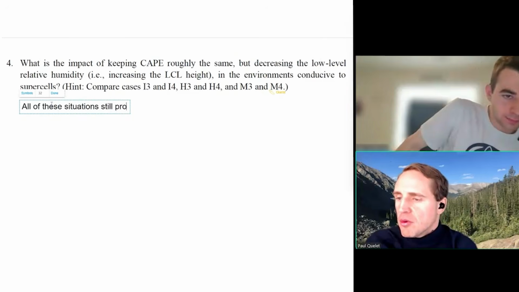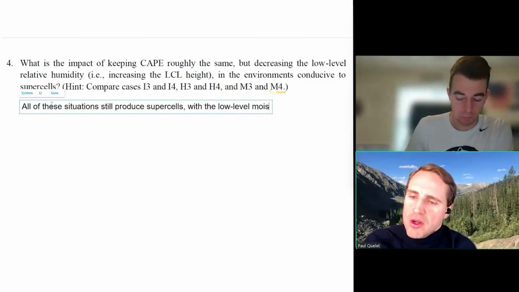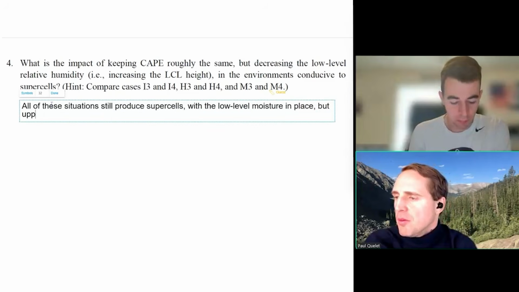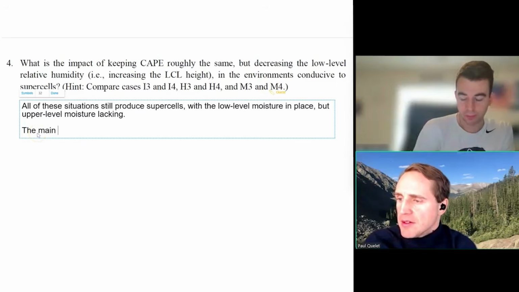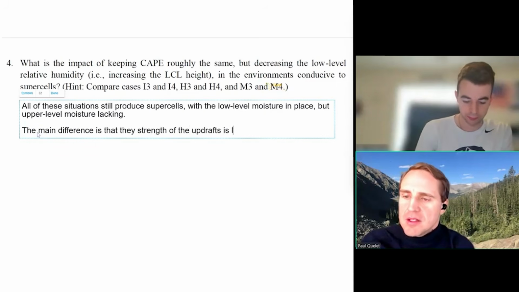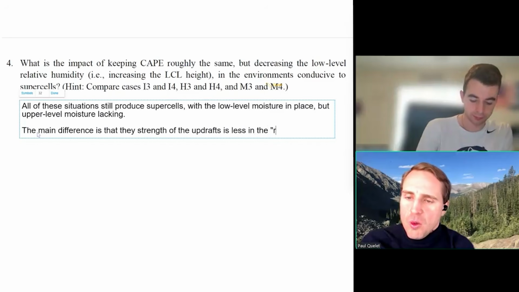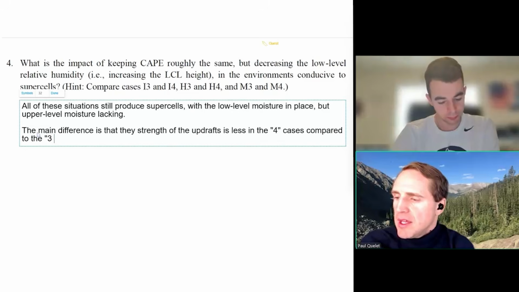So all of these situations still produce supercells with the low level moisture in place, but upper level moisture lacking. The main difference is that the strength of the updrafts is less in the 4 cases compared to the 3 cases.